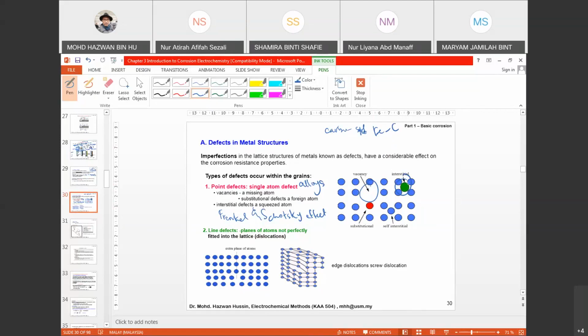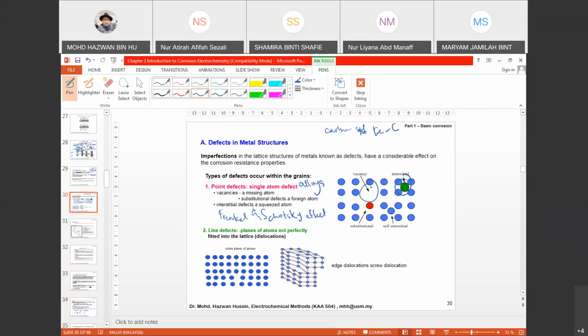And if the atom is small, then it will form in between the lattice. This is what we mean by interstitial. Vacancy means a missing atom, and substitutional is a defect of a foreign atom. Interstitial defects are where the atoms are squeezed into the structure.